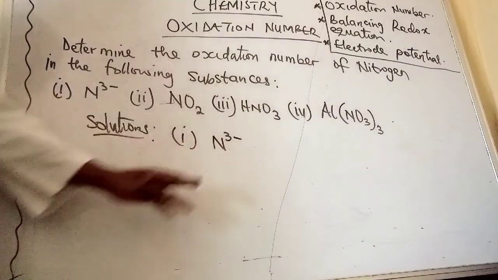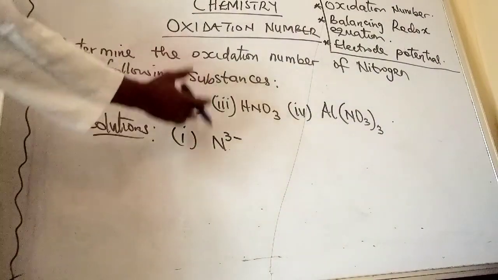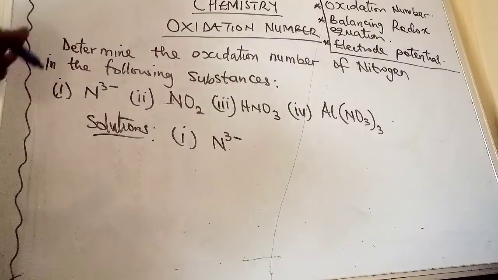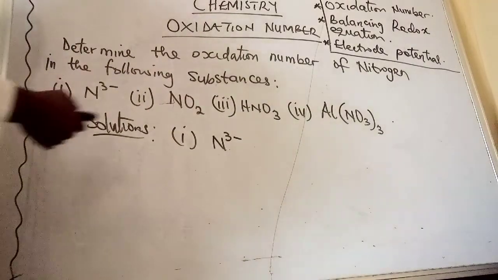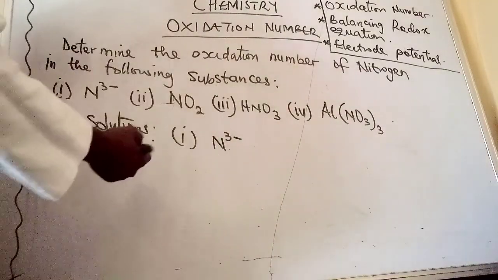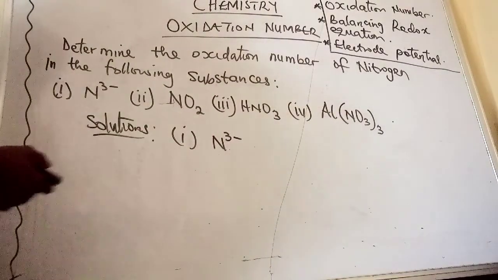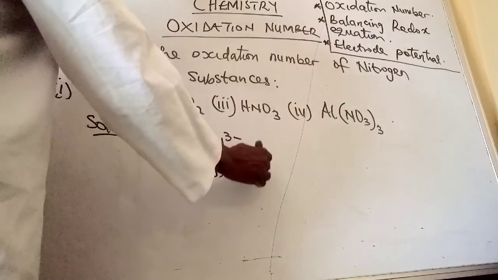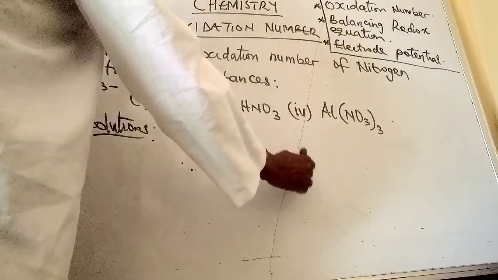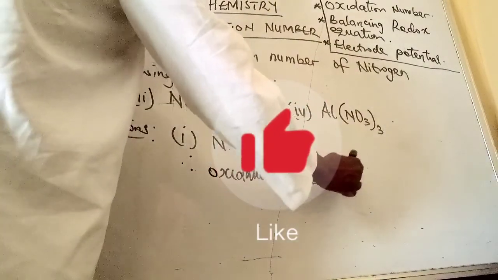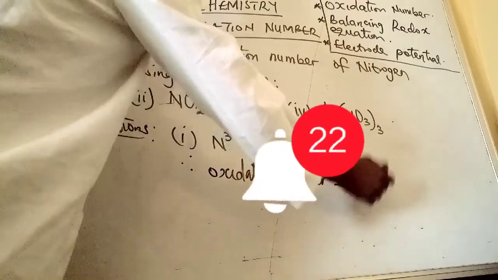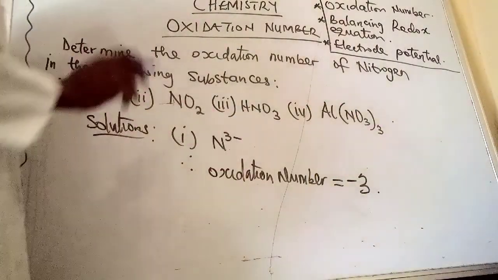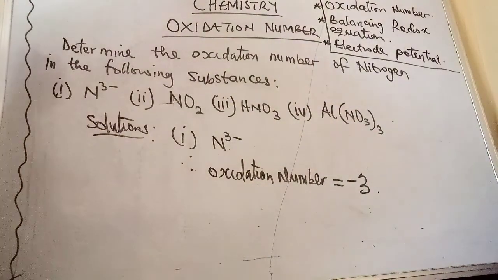That is nitrogen carrying a charge. In this case, it's carrying 3 charges. Since nitrogen is carrying 3 negative, therefore, oxidation number equals -3. That is the answer to that question.